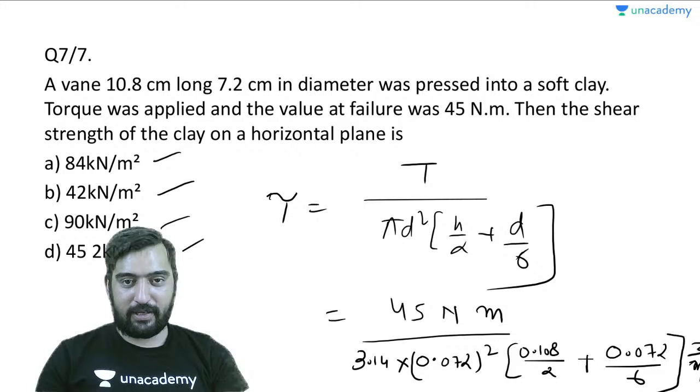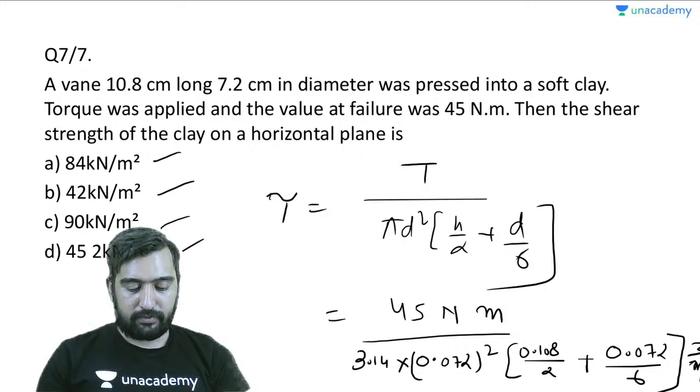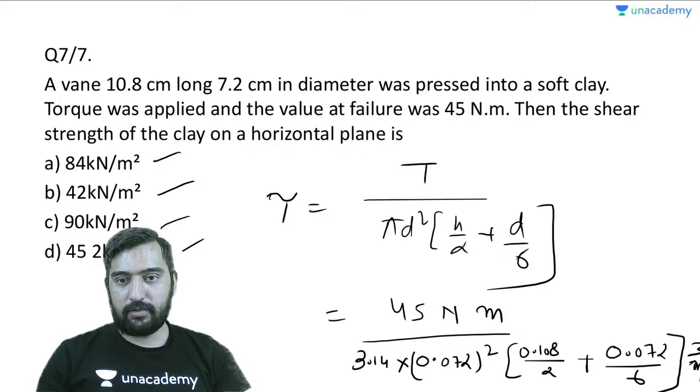So 45 divided by 3.14 into 0.072 square into 0.108 by 2 plus 0.072 by 2.